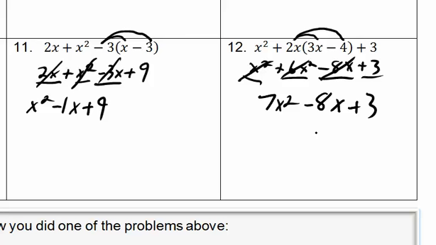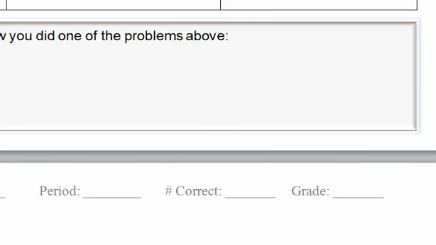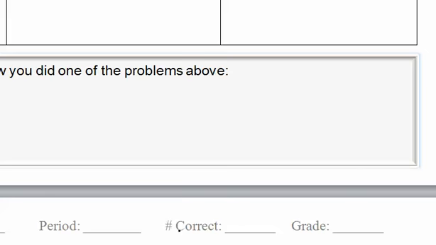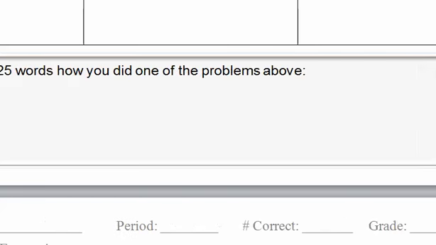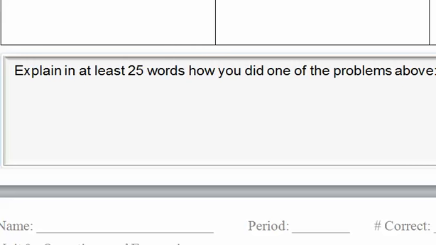All right, so now on this worksheet, this is the first one that we have this, I think. You're going to have these a lot throughout the year. So what you're going to do is go back and do in writing, in words, an explanation of how you did one of those problems. So if you're going to do problem 5, tell me what number you're doing.